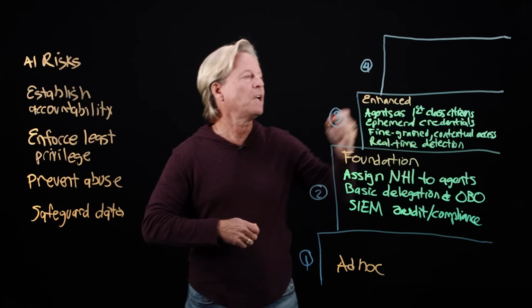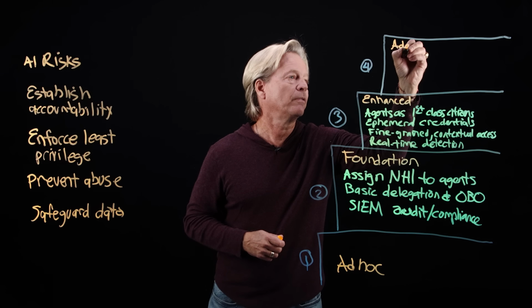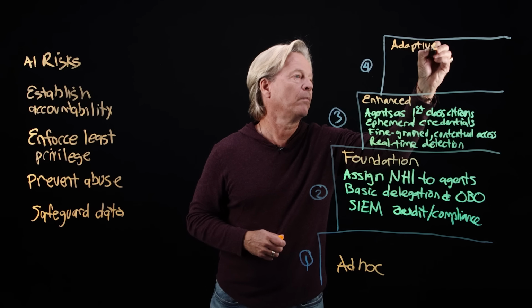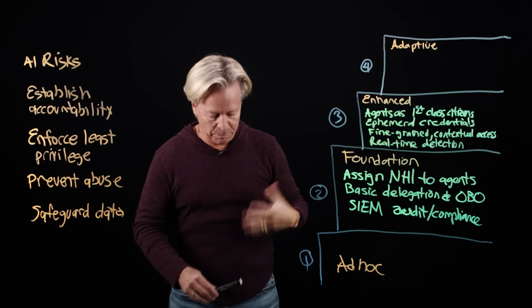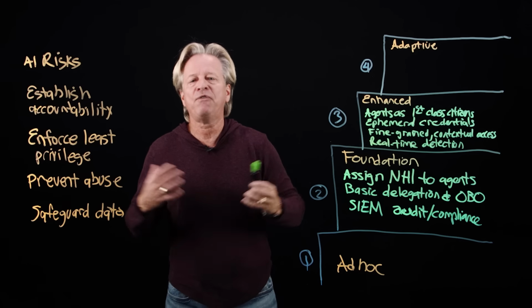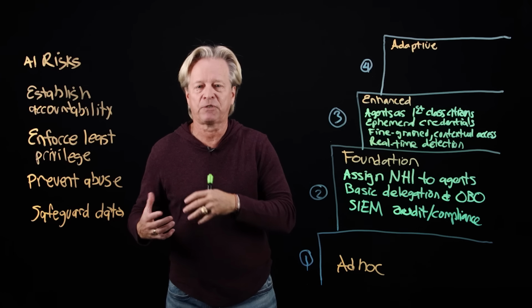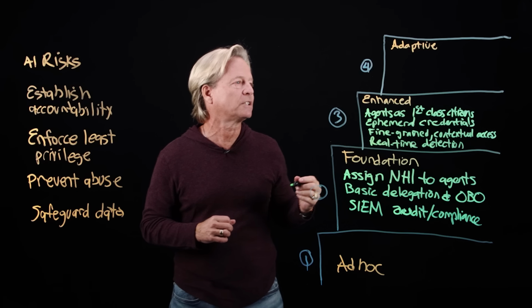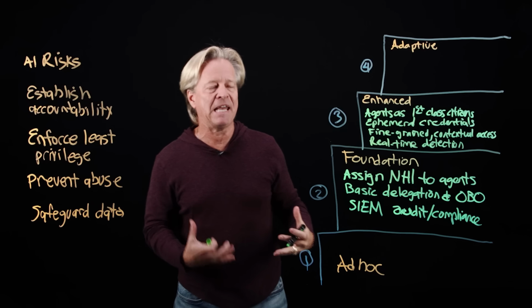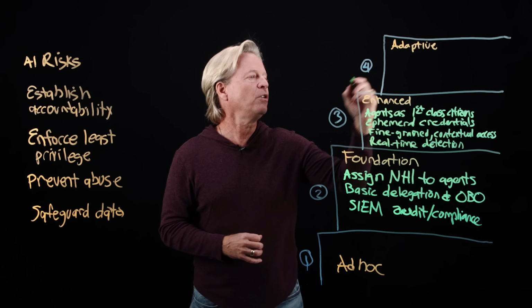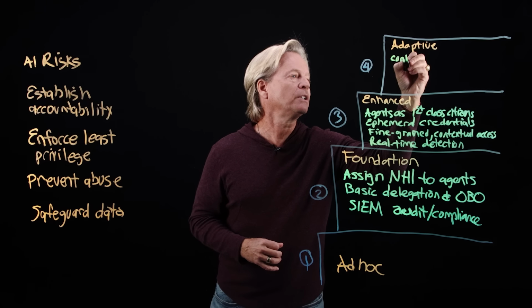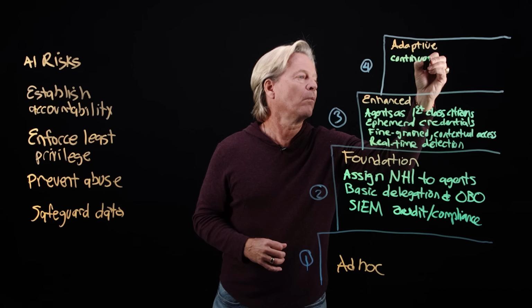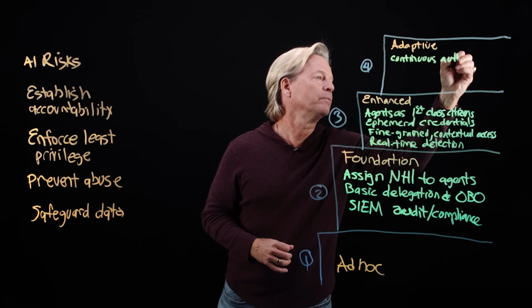All right, now let's go to the fourth step in our maturity model and the final step. And this is really about being adaptive, because as I mentioned, it's a very dynamic environment. It's changing every time you go through it because of the non-deterministic nature. So we need to always be adapting to that environment. And to do this, we need continuous authentication.